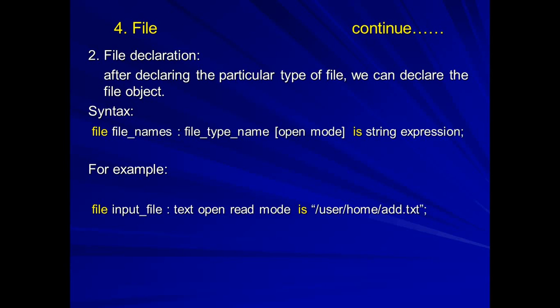Inside the bracket we have to mention what is the mode of that file, open or close, and after that, the type of that file is string. Example, name of the file is input_file : text open read_mode is, and inside the bracket, the string expression.